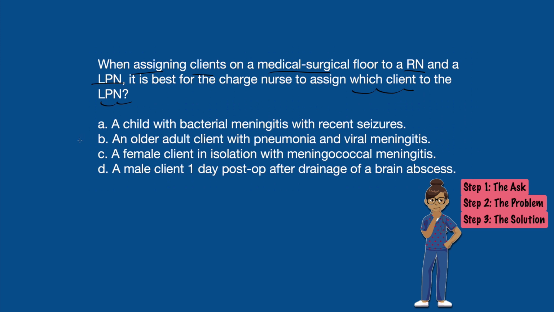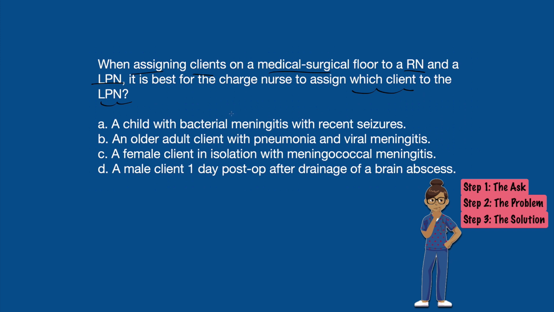So a child with bacterial meningitis with recent seizures. Here we have an age factor. So here's a child, and we know that very old and very young may be less stable than others. Has bacterial meningitis and recent seizures. So this patient actually has a point that aligns to each one of our factors, our A, A, and T. So bacterial meningitis is high acuity, unstable.